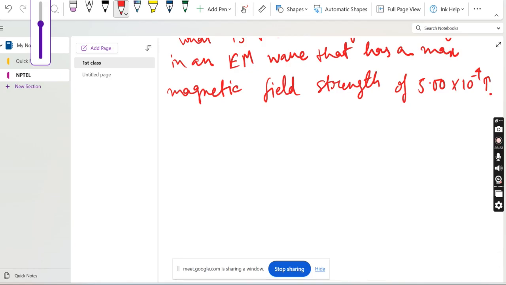So the electromagnetic wave has a magnetic field strength of 5 × 10 to the power minus 4 Tesla, and we want to know what is the electric field strength.